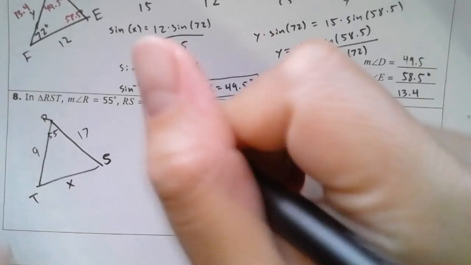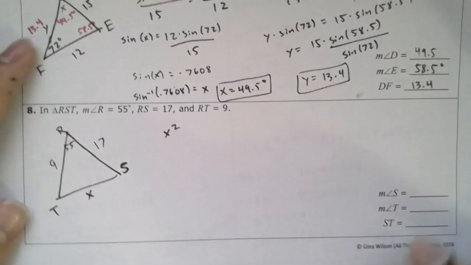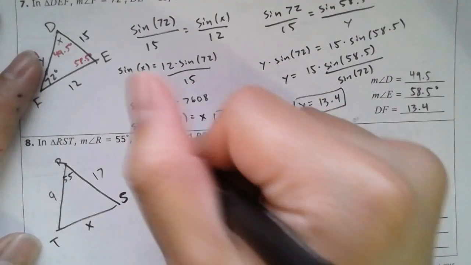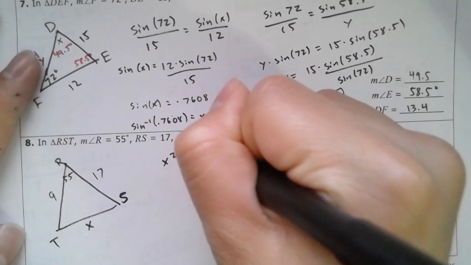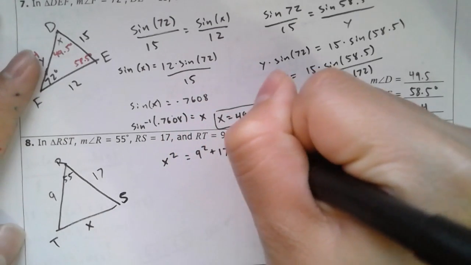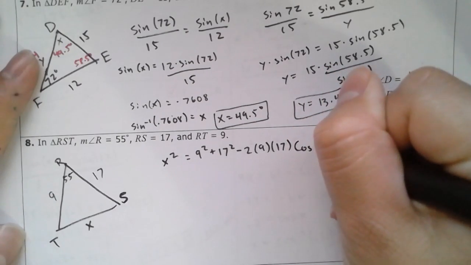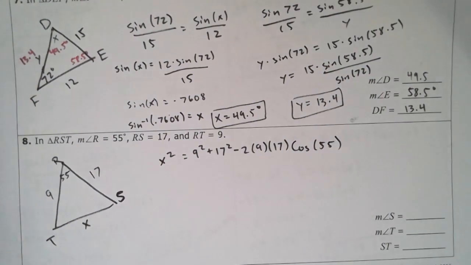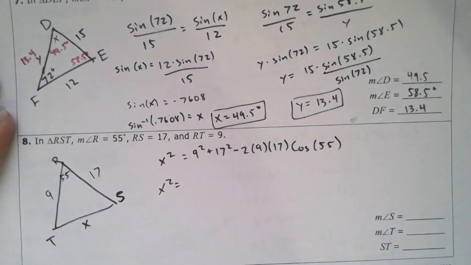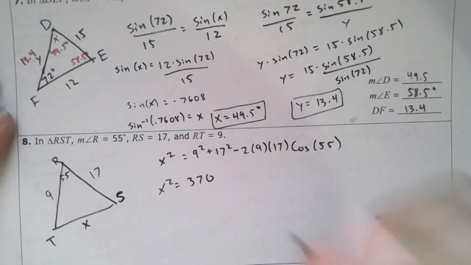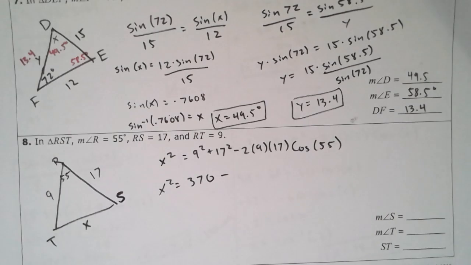I have x squared is equal to 9 squared plus 17 squared minus 2 times 9 times 17 times the cosine of 55. 9 squared plus 17 squared, you're going to get x squared is equal to 370 minus 2 times 9 times 17 times cosine of 55.